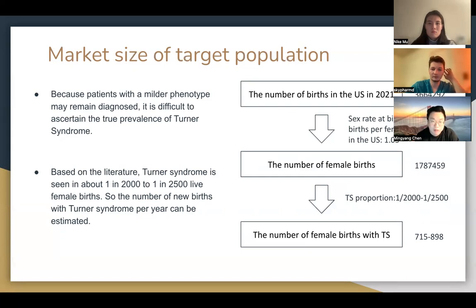According to CDC data, the number of births in the US in 2021 was 3.66 million, and the sex ratio at birth was 1.05. So we can calculate the number of female births, which is nearly 1.79 million. According to the prevalence of Turner syndrome documented in the literature, the number of female births with TS in the US in 2021 is about 700 to 900.